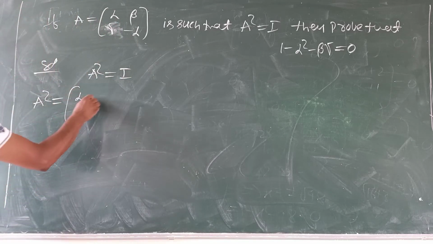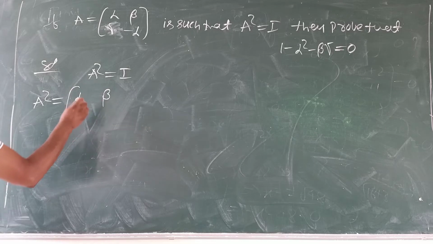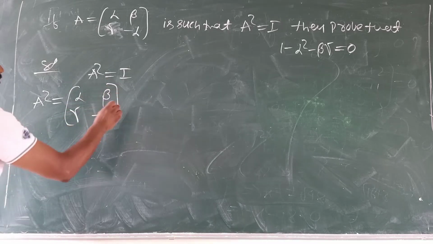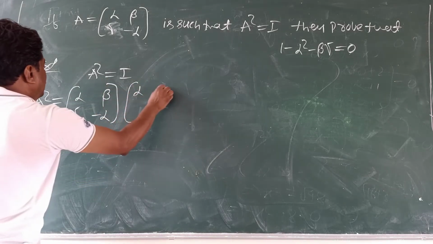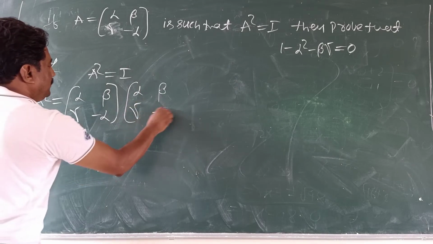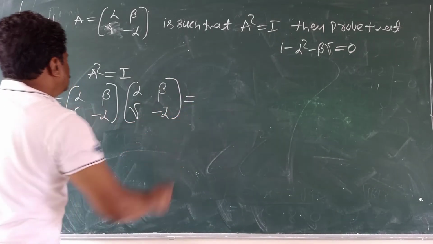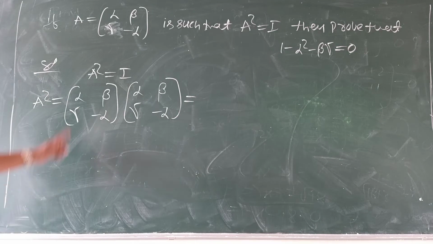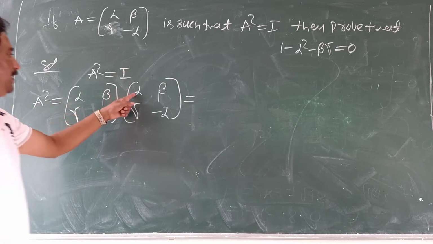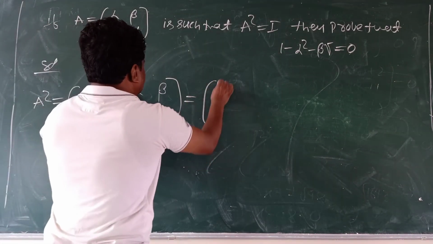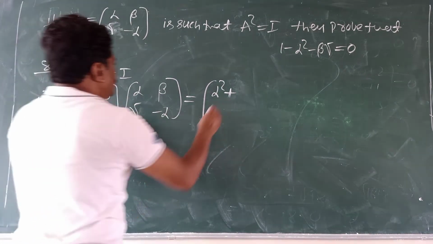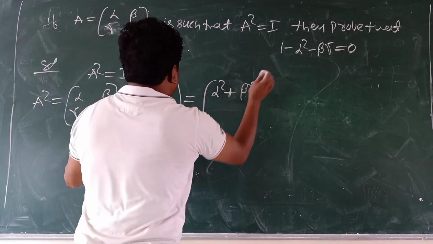What is A? Alpha, beta, gamma, minus alpha, into alpha, beta, gamma, minus alpha. As usual, first row, first column: alpha into alpha, alpha square, plus beta into gamma, beta gamma.